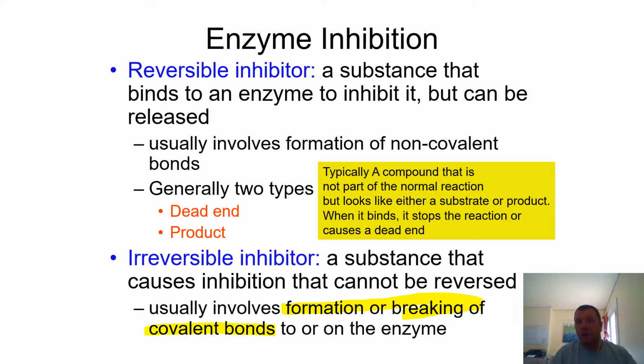If you want to go back to Gen Chem 1, you could think about it as whether covalent bonds or non-covalent bonds are being formed. With a reversible inhibitor, you have non-covalent interactions, whereas in an irreversible inhibitor, you have covalent bonds that are either being formed or broken.